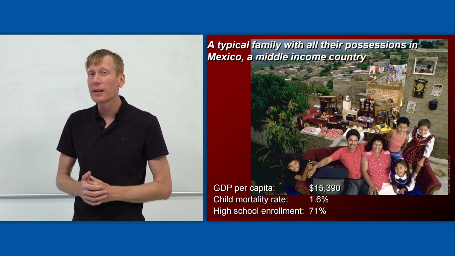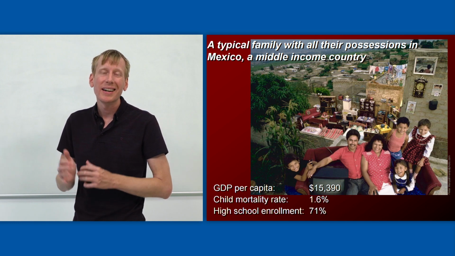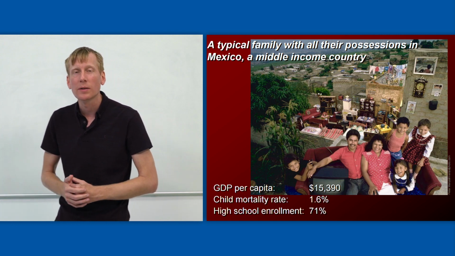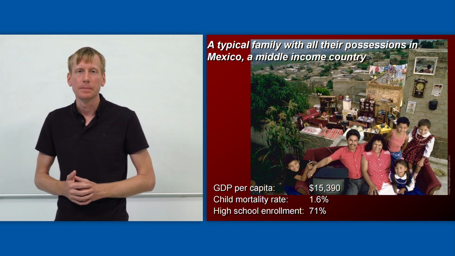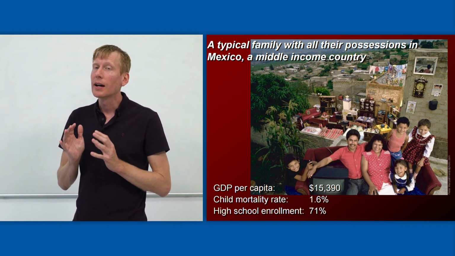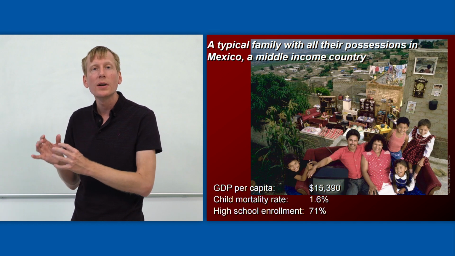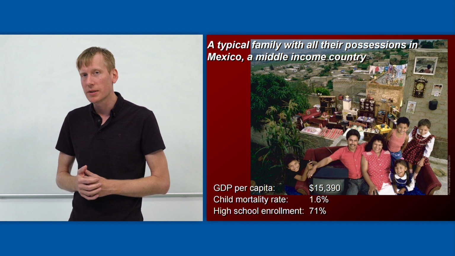However, the child mortality rate as compared to the United Kingdom is higher, 3 times higher. 1.6% of children die before the age of 5, as opposed to 0.5% of children that die before the age of 5 in the United Kingdom. Also, the high school enrollment rate, the percentage of teenagers who do attend high school, in Mexico is only 71%.